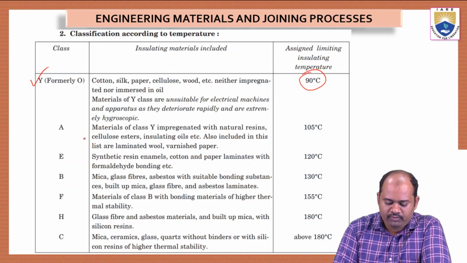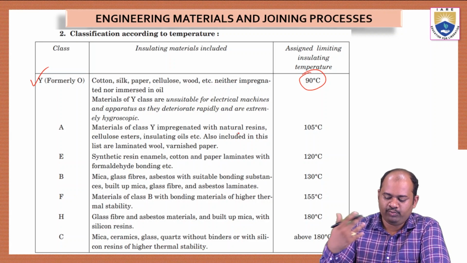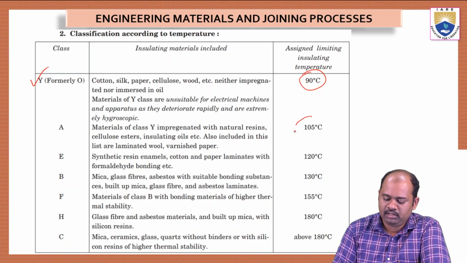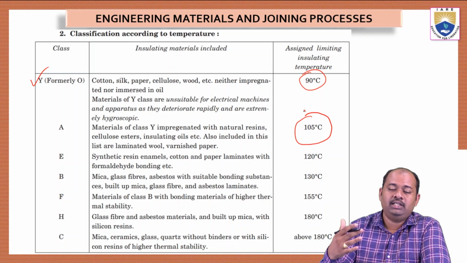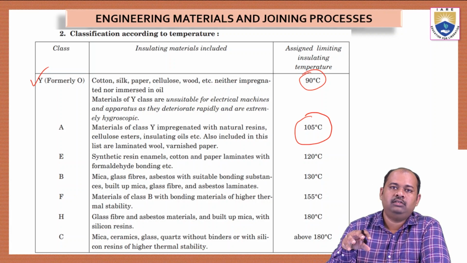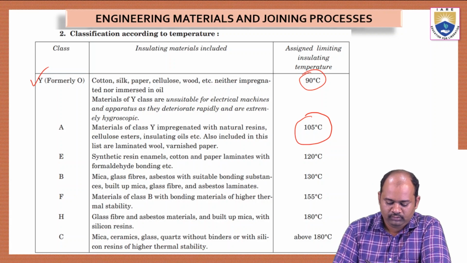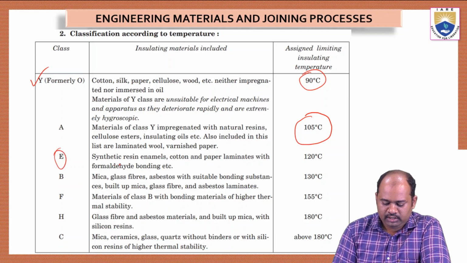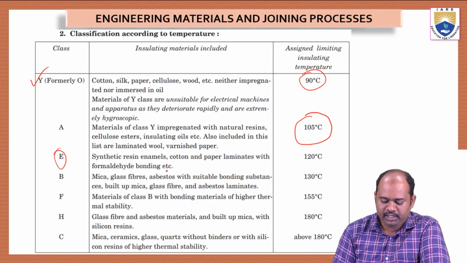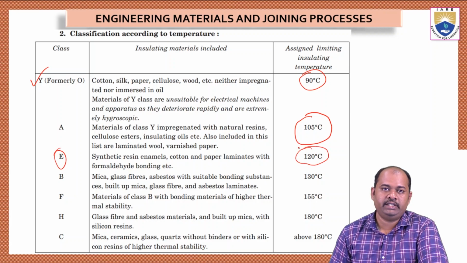Then we have A, materials of class Y impregnated with natural resins to improve the property, so that at 105 degrees centigrade also, they will act as insulators. Above 105 degrees centigrade, it is no longer an insulator. It will be a conductor. Then we have E class: synthetic resins, enamels, cotton, paper, laminates with formaldehyde bonding. These come under this class, where the temperature resistance is good up to 120 degrees centigrade.